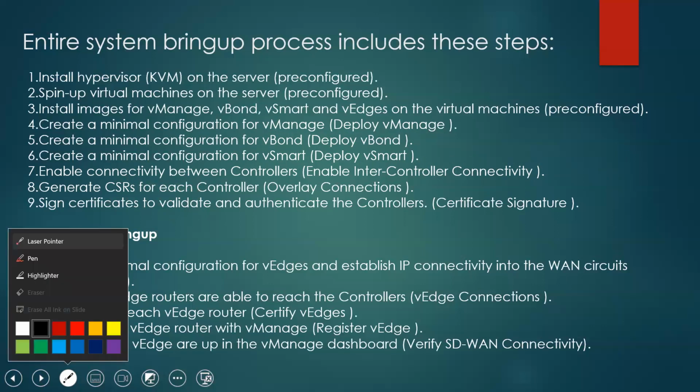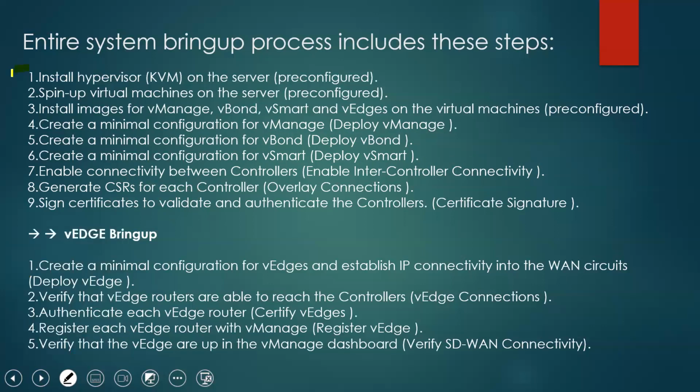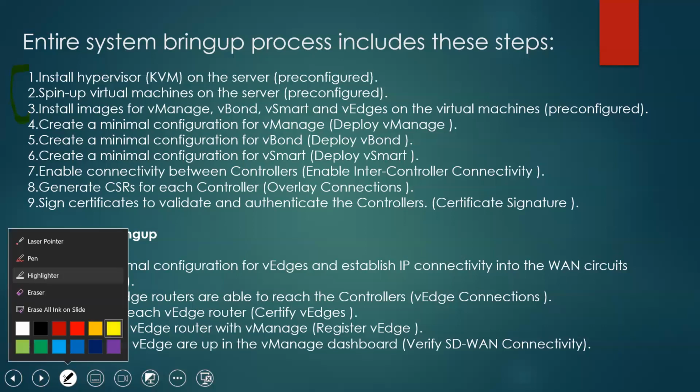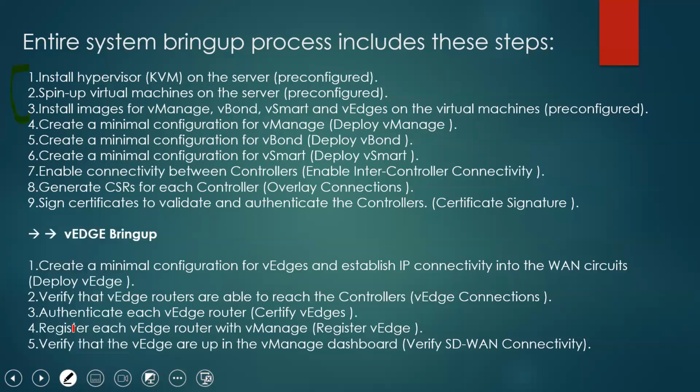Now you can see the steps that we have discussed. Steps 1 to 3 are the spin up of the devices, then 4, 5, 6, 7 are configuration and IP routing, and 8 and 9 are the certificate steps. Right? Then the configuration and then the certificate.